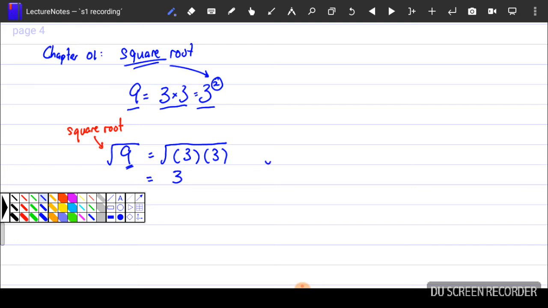And you can go on to square root of 16, having what number times what number to give you 16. We know that 16 is equals to 4 times 4. So this is 4 times 4, and this means if I take the square root of 16, it will be equals to 4.